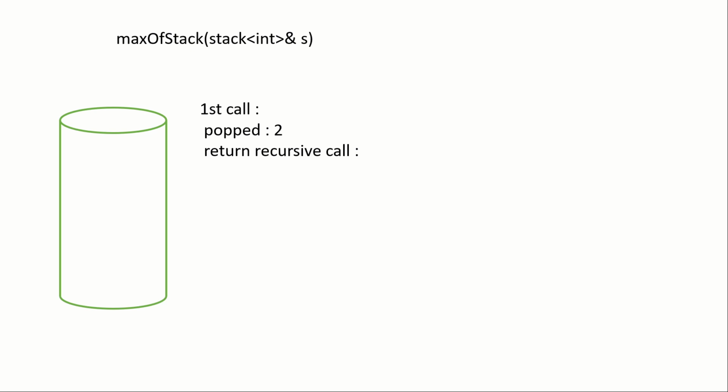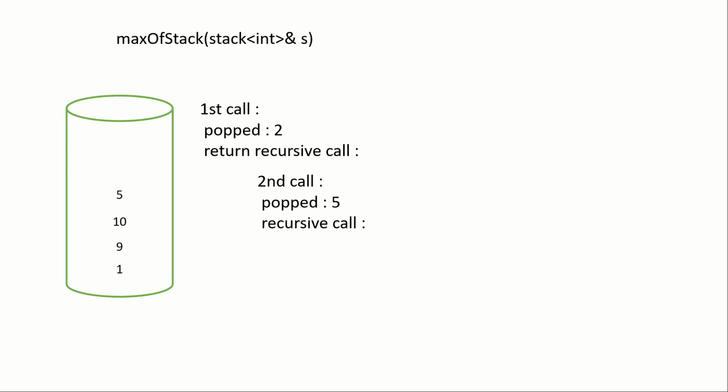We have our prototype here, max of stack, that will return the maximum element of a stack, and 10 is the maximum element of the stack here. So in the first call we have popped 2, then in the second call we will pop 5, and then there is a recursive call.